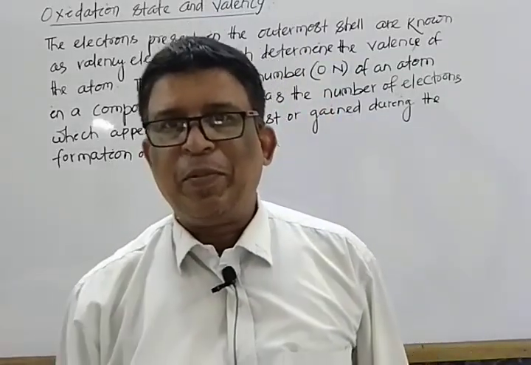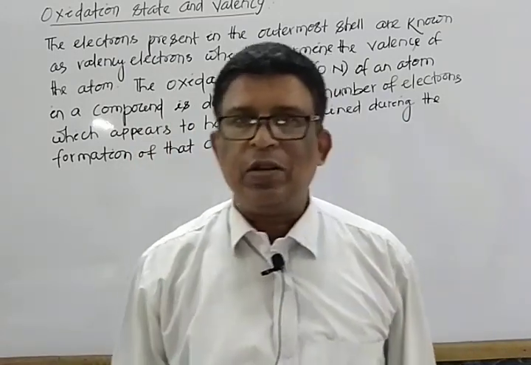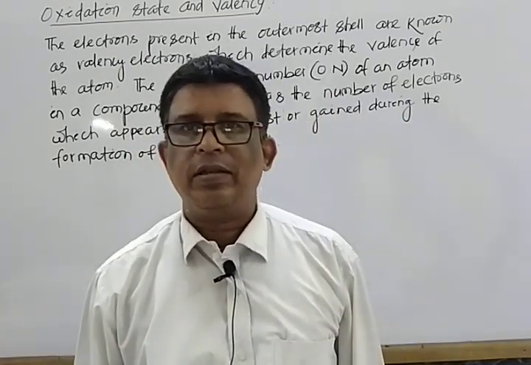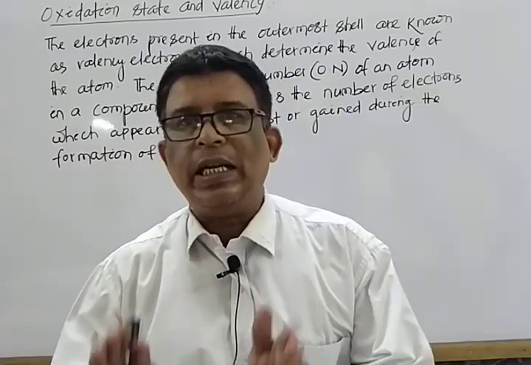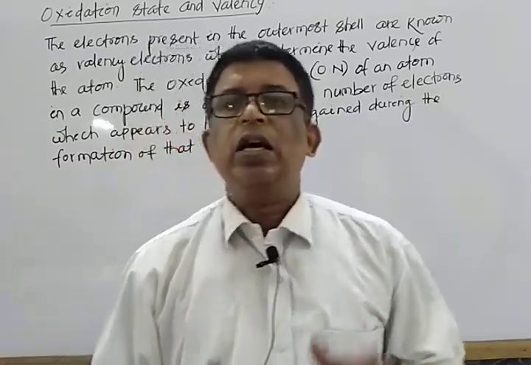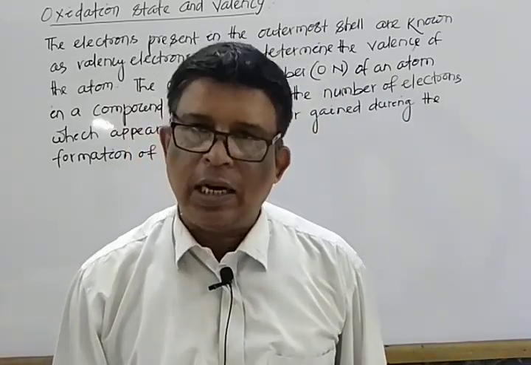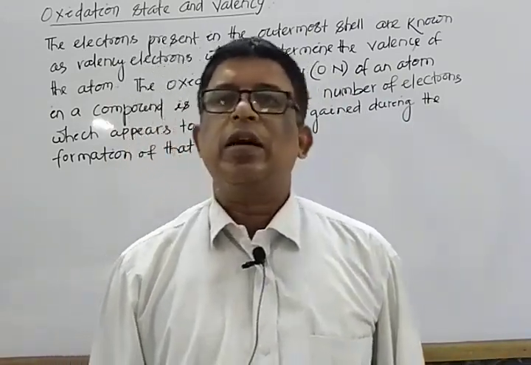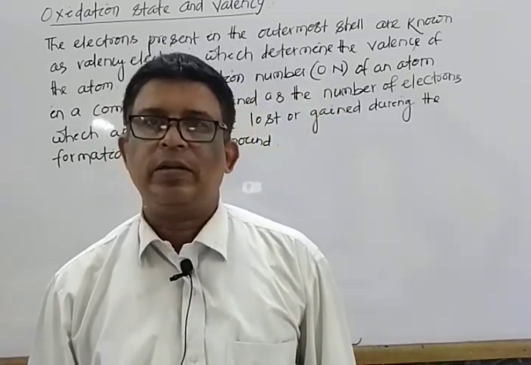The last periodic property is the oxidation state and valency. What is valency? The electrons present in the valence shell, the outermost shell of an atom, are known as its valence electrons, which determine the valency.